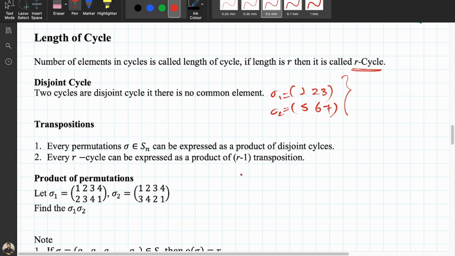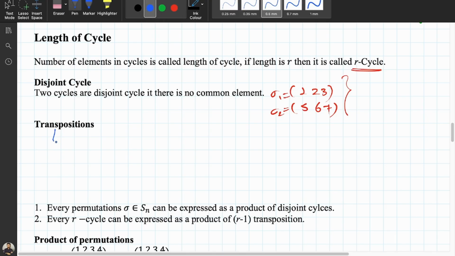Next, what do we mean by transposition? That is very, very important. A transposition is a cycle of length 2. Every cycle of length 2 is known as a transposition.